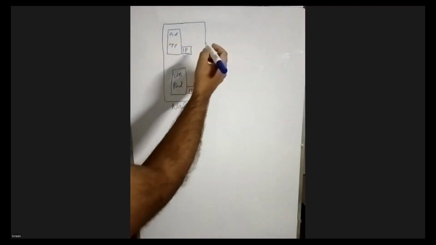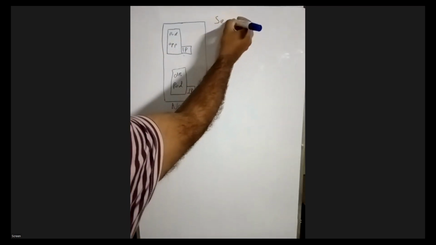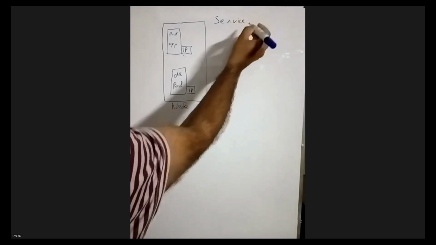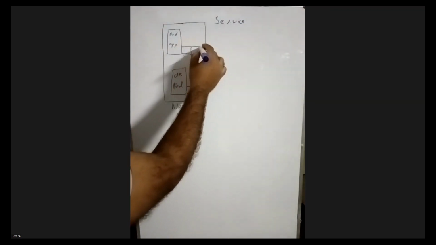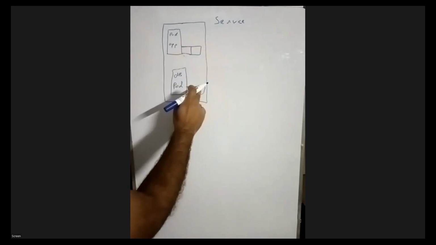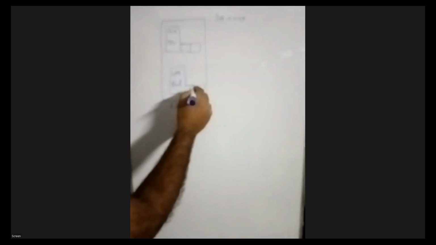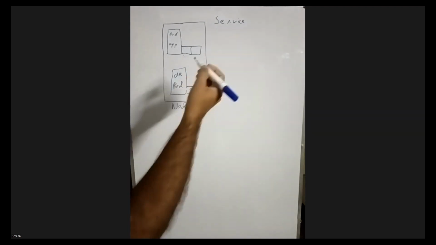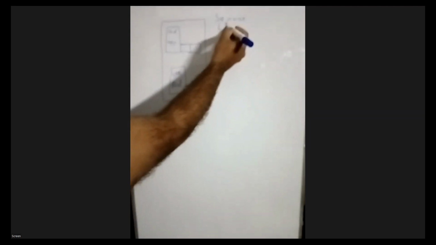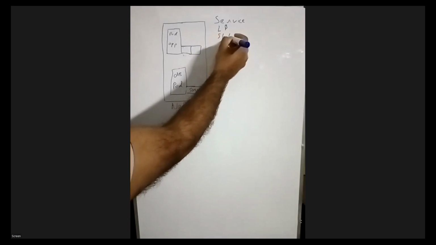So for that, we have a component called service. And service is attached to this pod. Right? And service is what? A load balancer. It's a static IP address.